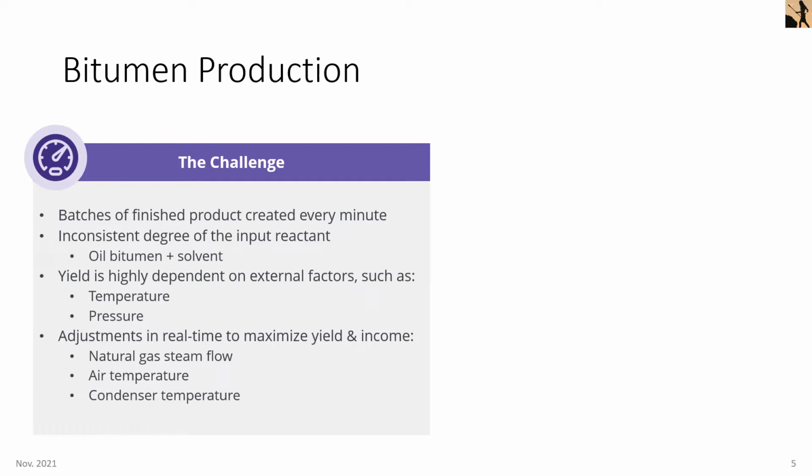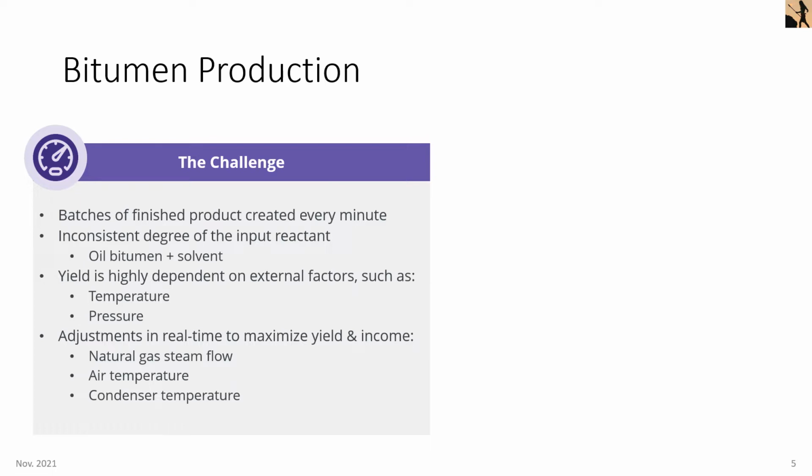Now with this bitumen example in mind, we are in a better position to feel the pain points here. First of all, the business challenges are like this: it is a batch production, and there's some inconsistent degree of the input reactant, like the bitumen itself and the solvent.